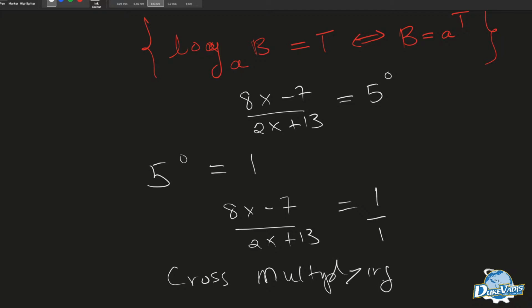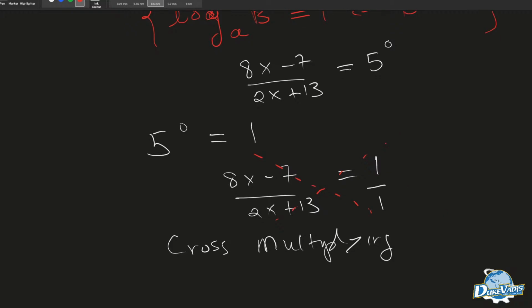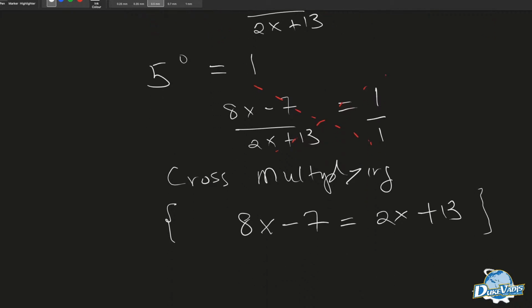When we say cross multiplying, that means this one is going to multiply this, and this one is going to multiply that. Have you seen that? Beautifully, when we cross multiply, we are going to get 8x minus 7 to be equal to 2x plus 13. So this becomes a very simple equation to solve.